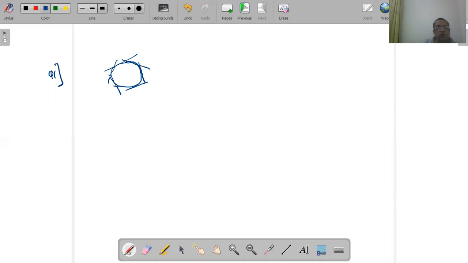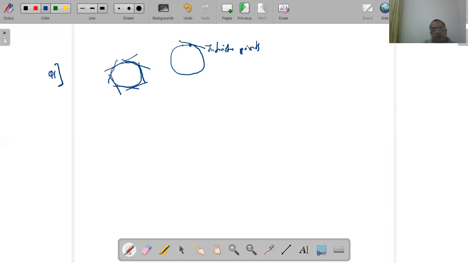You can keep on drawing tangents, because what is a tangent? A tangent is a line which touches the circle externally at one point. And the circle is made up of how many points? A circle is made up of infinite points, right? So each point of the circle, we can draw a line touching that particular point.